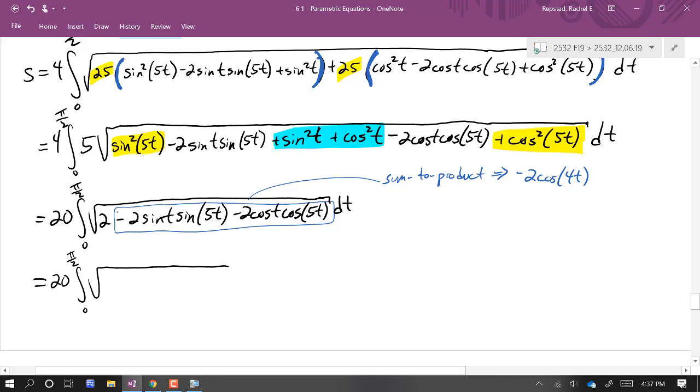So in the radical we have 2 minus 2 cosine 4t.